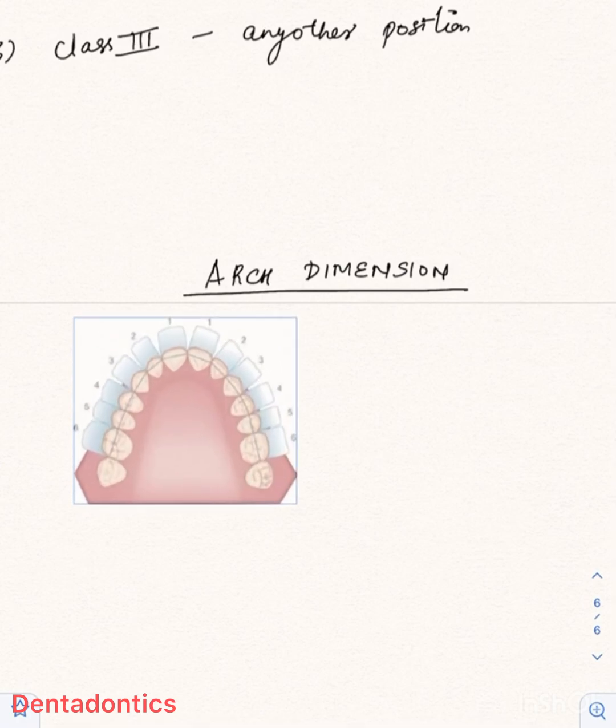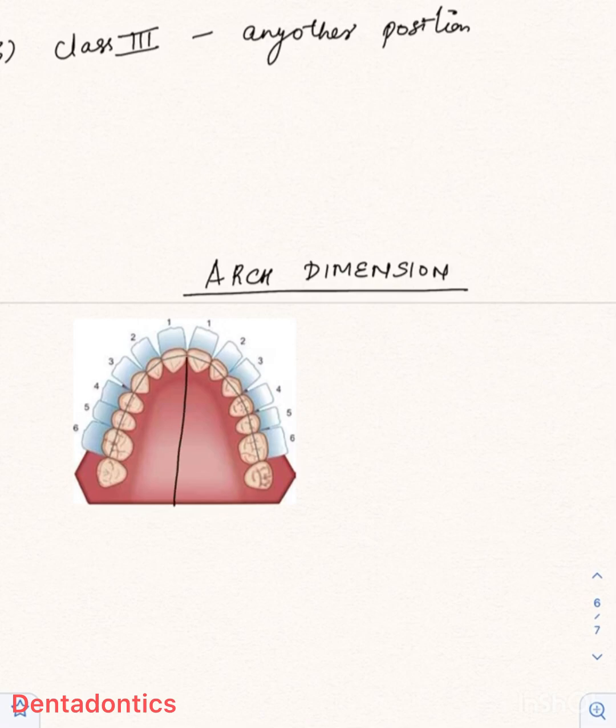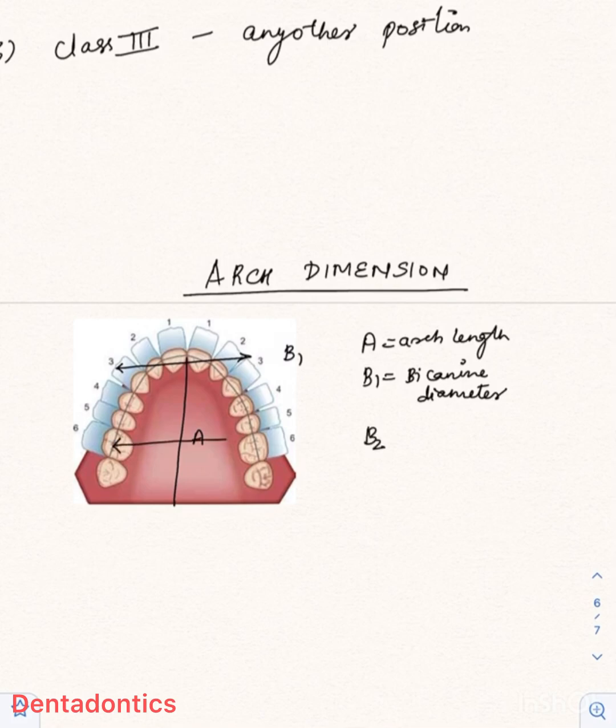This is A, which is known as arch length, and B1 is the distance between the canines, known as bicanine diameter, and B2 is known as bimolar diameter, the distance from one molar to the other. Arch perimeter is the distance from the mesial surface of the first primary molar to the mesial surface of the first molar on the other side of the arch.